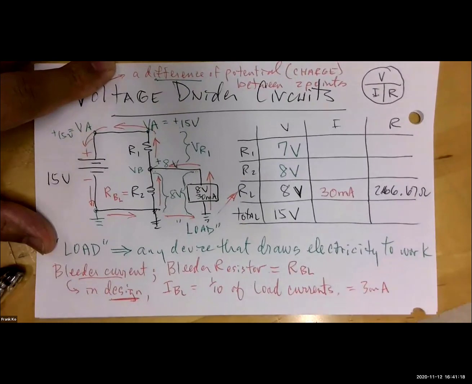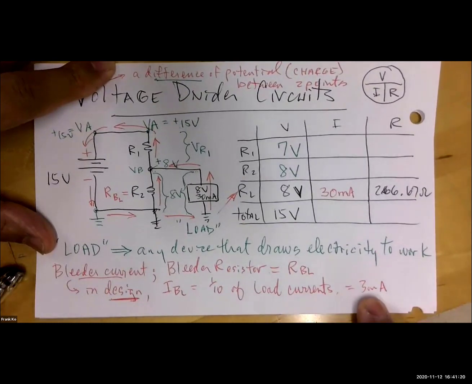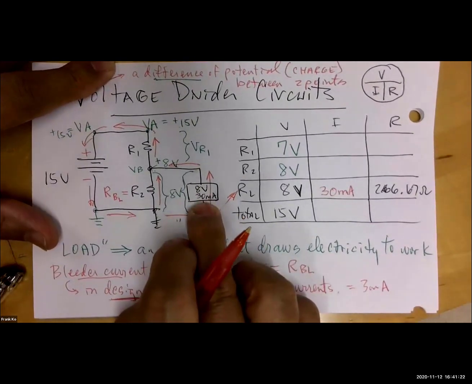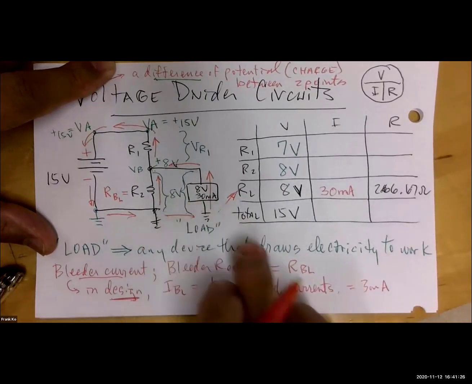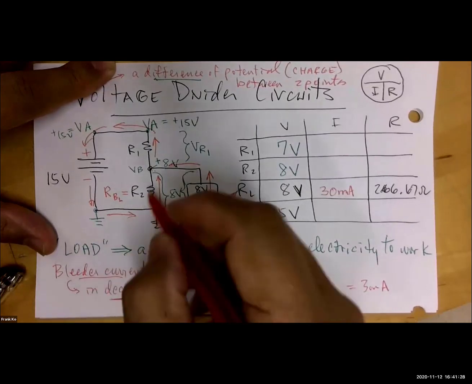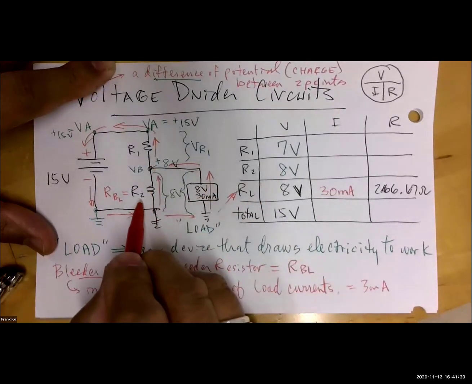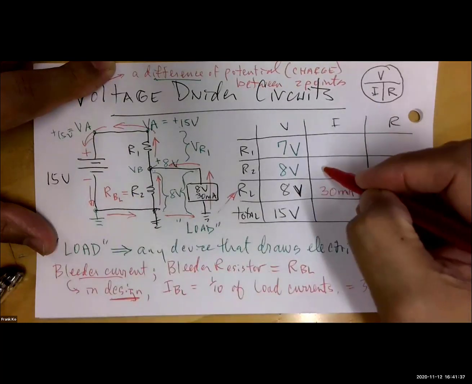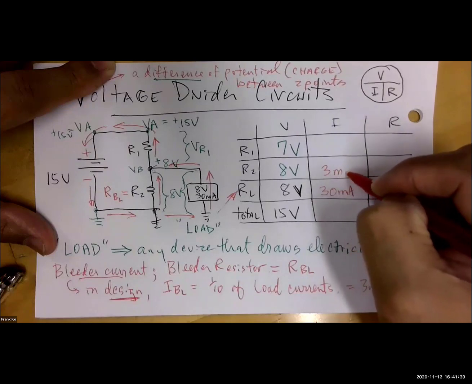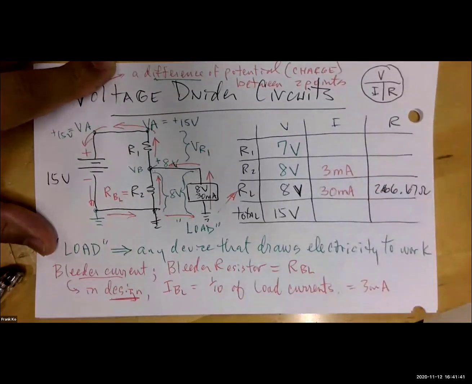Does everybody understand how that calculates to be 3 milliamps? It's got to be 1/10 of your load current. Everybody okay with that? So once you identify 3 milliamps flowing up through R2, can we fill that in a cell right here? 3 milliamps, like that.